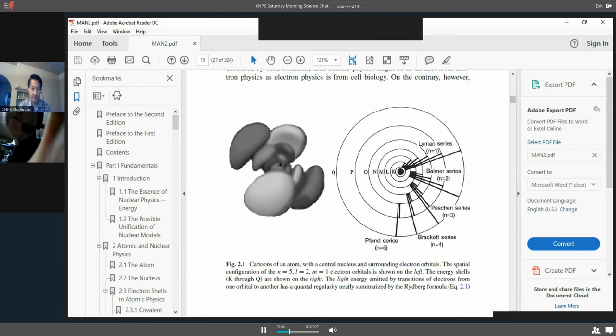So getting back to the book, this is one of the charts that they show about why we think electron orbitals exist, and they're showing the various shells like K, L, M, N, O, P, and Q, and these lines coming up from the center basically indicate the transitions.